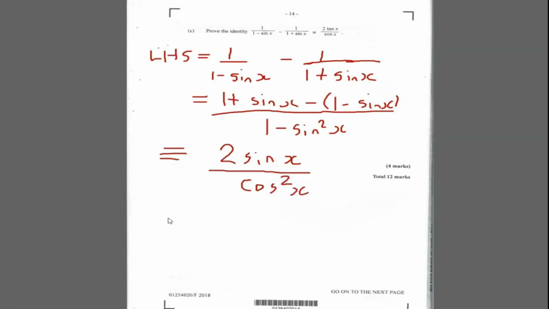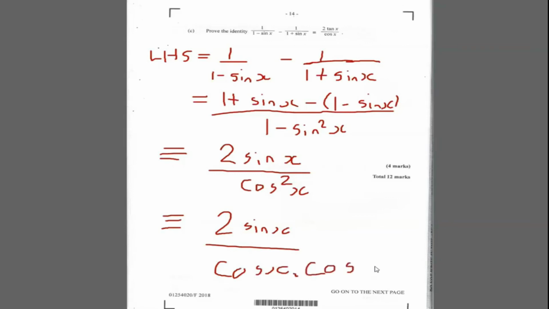Now this part becomes very easy. What we have is 2 sine x over cos square. We can break cos square up as cos x times cos x.